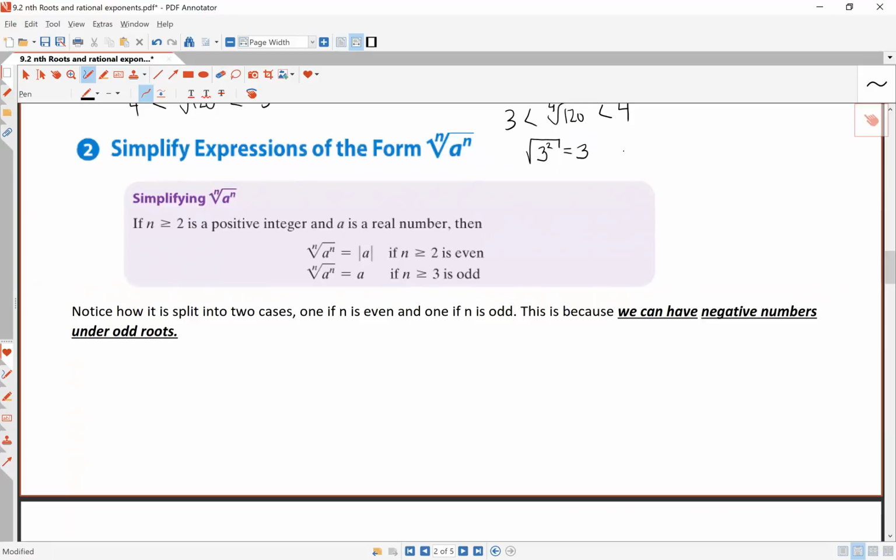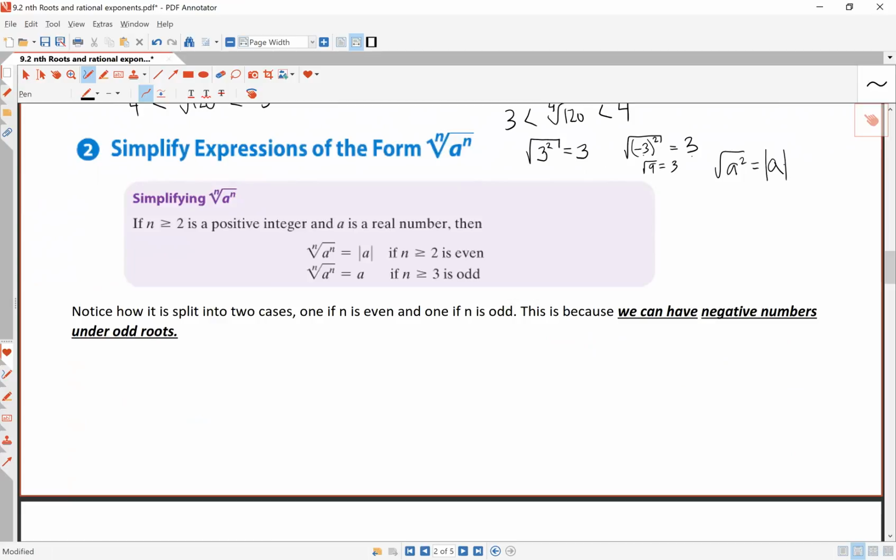But we did have to be a little bit careful, because if this was -3 squared, we didn't say this gives you -3, because -3 squared is 9, which gives you 3, and so this gives you 3. So we don't always just get the square root of a squared equaling itself, because if you start with -3, you don't get -3, so we put an absolute value on it.